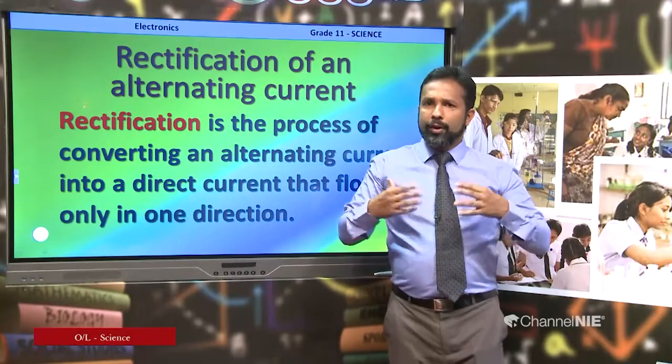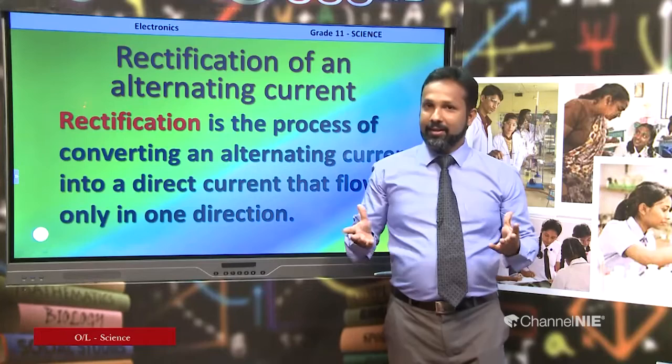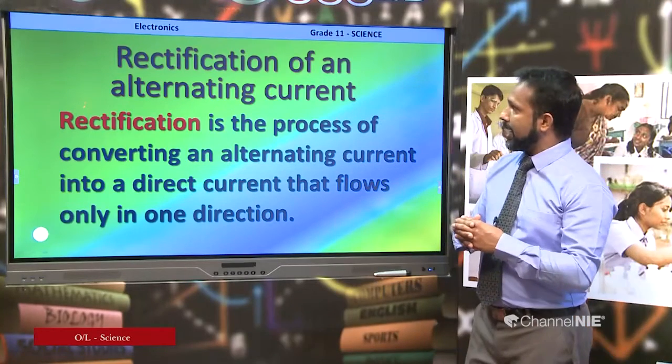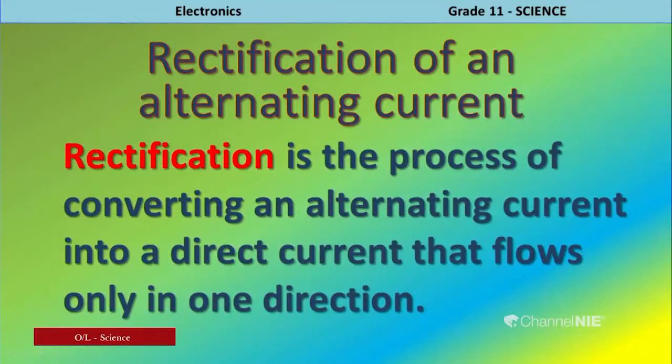So, what do we call this process? My dear children, we call this process rectification of an alternating current. How do you call it? Rectification of an alternating current. Right. What is rectification? Rectification is the process of converting an alternating current into a direct current that flows only in one direction.